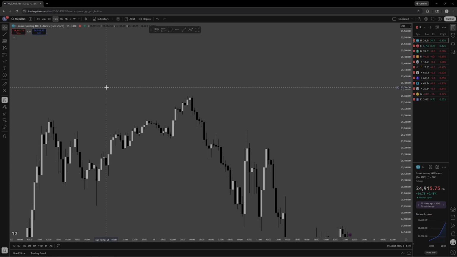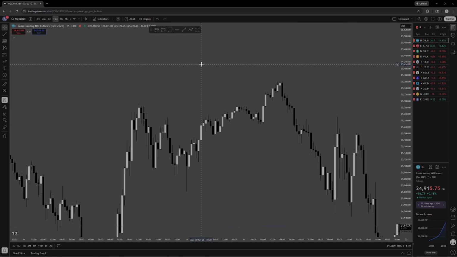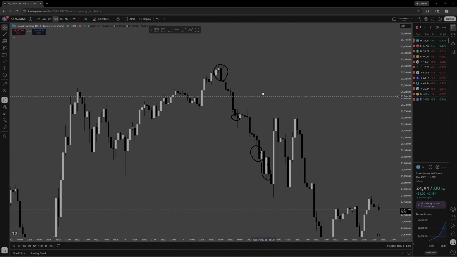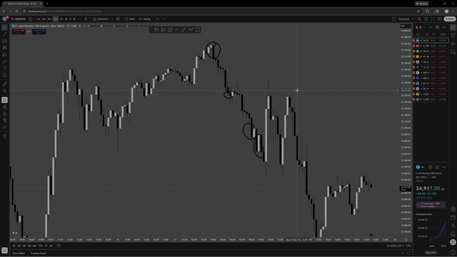So we can spot this also within the market. We can see this. We have our high, then we have our low. Then we have a lower low. This isn't direct price action, too clear, but it's pretty easy to spot.